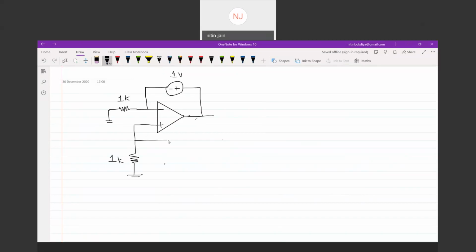And the feedback resistance is also connected, with a value of 1 kilo ohm. And they are asking for V out for this terminal. So find the value of V out for this circuit.